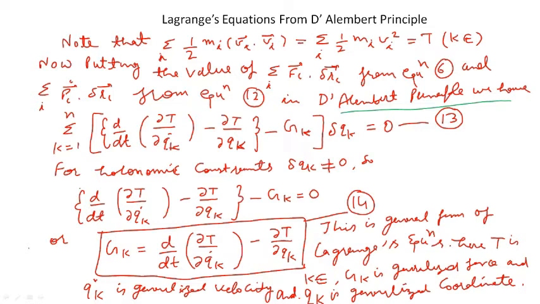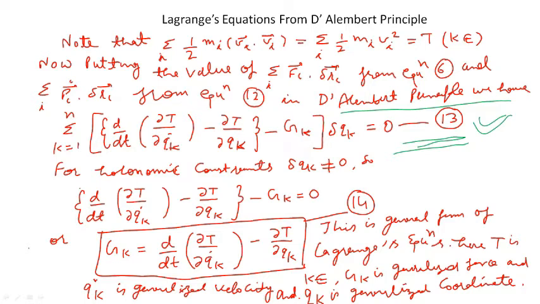So when we use these two equations, then your equation becomes sigma k from 1 to small n, d/dt of ∂T/∂qk dot minus ∂T/∂qk minus Gk, into δqk, is equal to 0. Let us say it is equation number 13. We have put these two equations, 6 and 12, in D'Alembert principle.